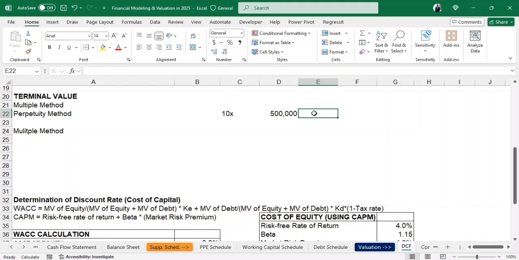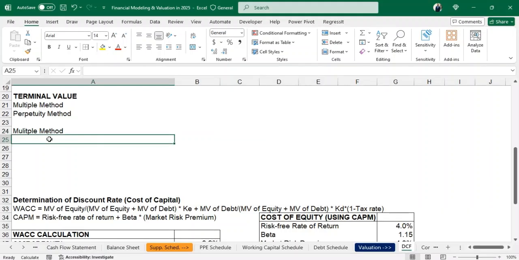So the multiple can be from comparable companies or the company's own current market multiple. So we are saying that in order to calculate our terminal value, we need to find our exit EBITDA.